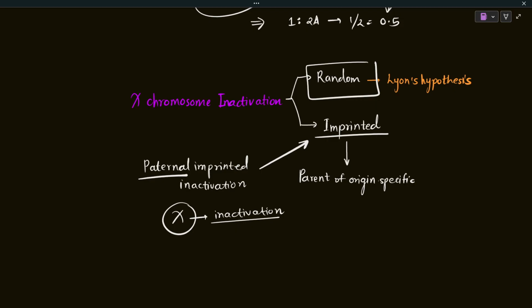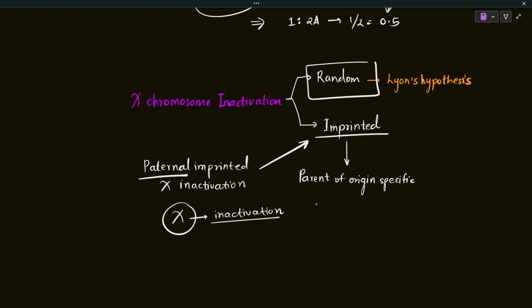And for ensuring that it undergoes the maternal environment, we are not silencing the maternal copy of the X chromosome, rather we are silencing the paternal copy. This might be a reason behind paternal imprinting being more common. So maternal imprinting is a rare phenomenon. So we generally see paternal imprinted X chromosome inactivation.